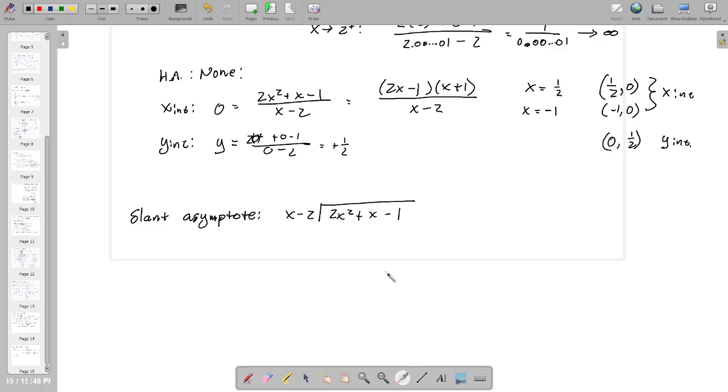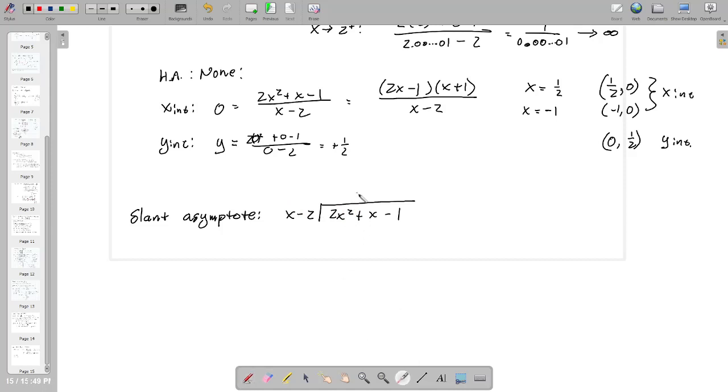Now, you will notice that because the degree of the numerator is exactly 1 more than the degree of the denominator, when we do this division, we'll end up with a linear function. We will only have an x here. We're not going to have an x squared or an x cubed or anything higher, only an x, or some constant times x. And again, that's because to get from a degree 1 to a degree 2, we need to only multiply by a single x, not an x squared or an x cubed.